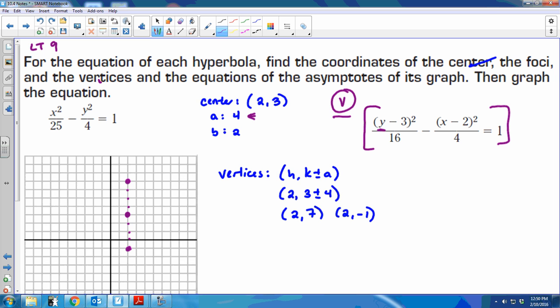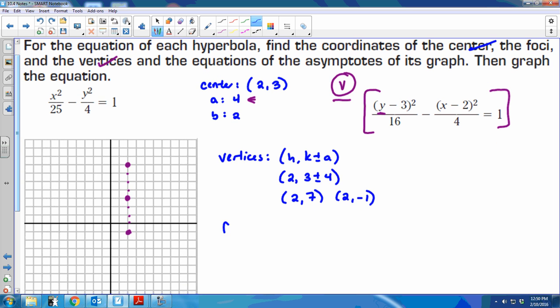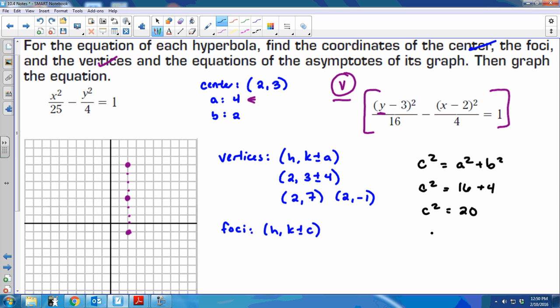So we found the vertices. Next thing is the foci. Those are at H, K plus or minus C. Well, I need to know what C is then. And the equation says C squared equals A squared plus B squared. So that's 16 plus 4, which is 20.